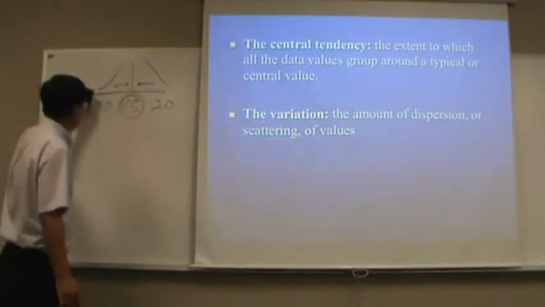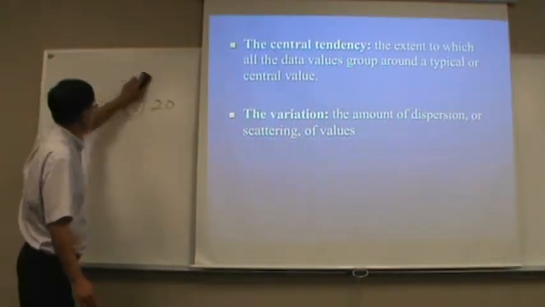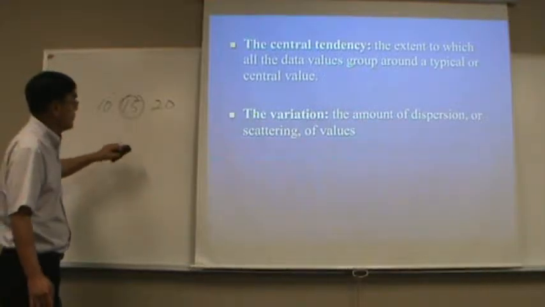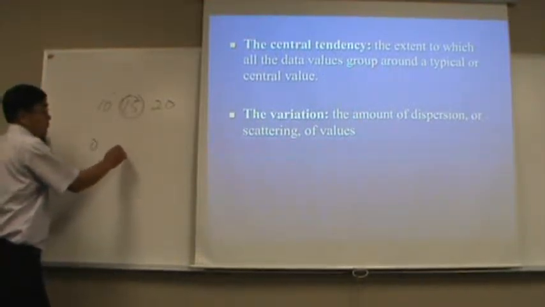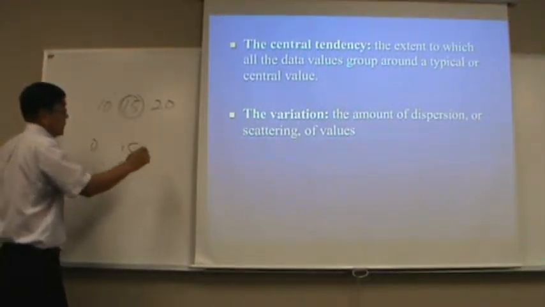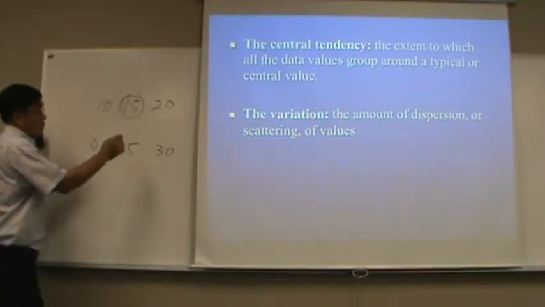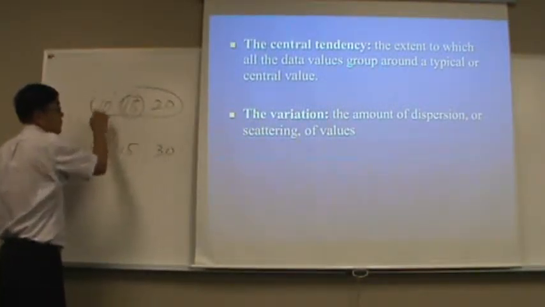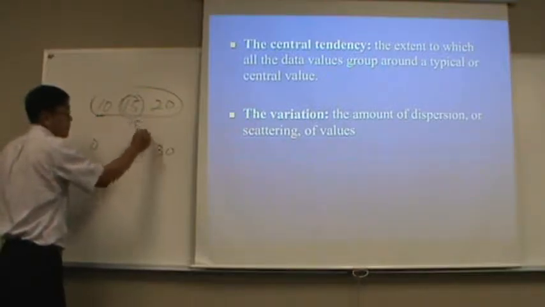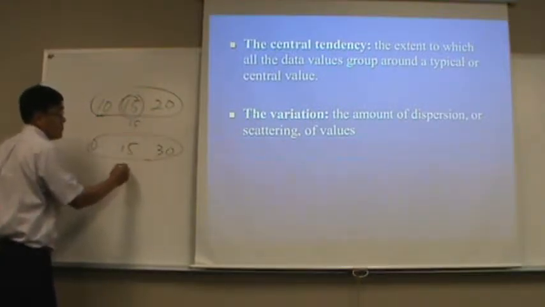If there are two sets of data, the first one is 10, 15, 20. How about 0, 15, let's say 30. This one's average is 15, and this one's average is 15.